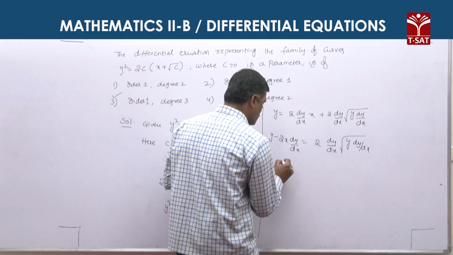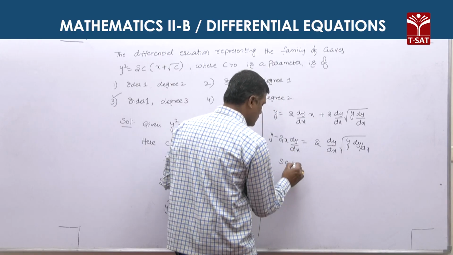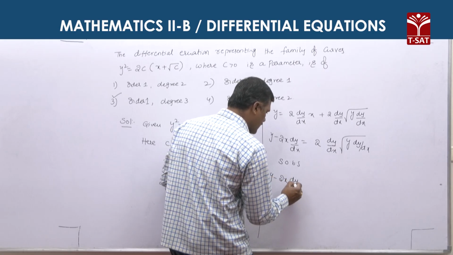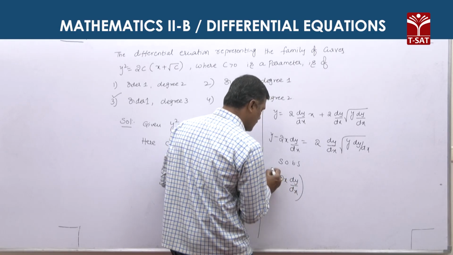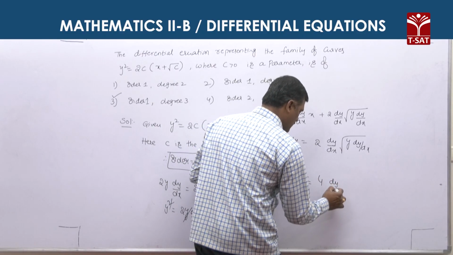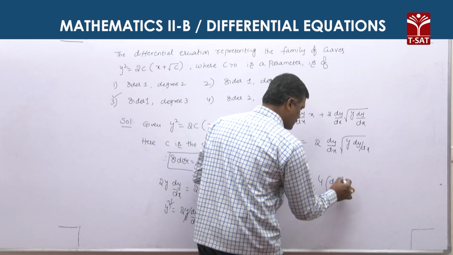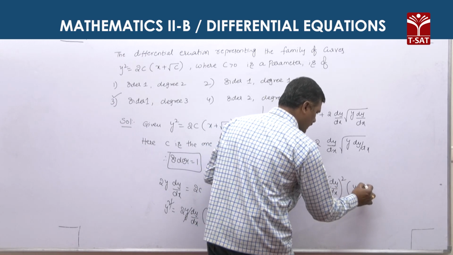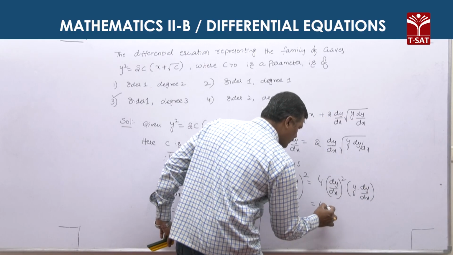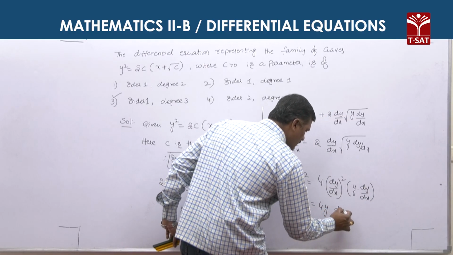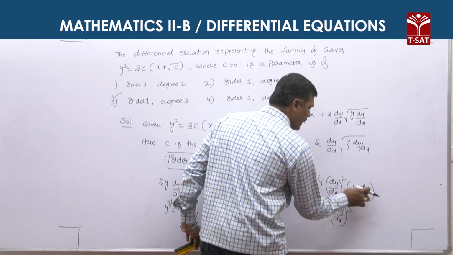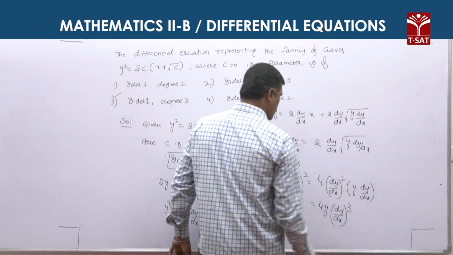Now squaring on both sides, y minus 2x into dy by dx whole square on the left side is equal to 4 into dy by dx whole square into y into dy by dx, that is equal to 4 into y into dy by dx whole cube.